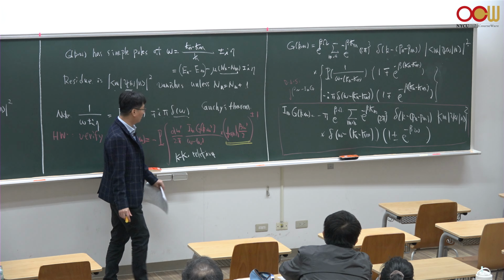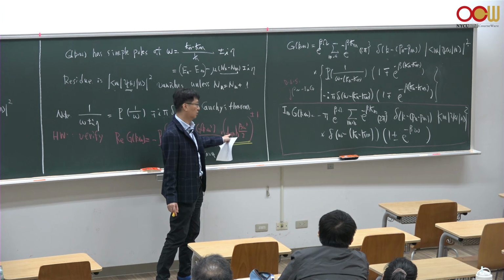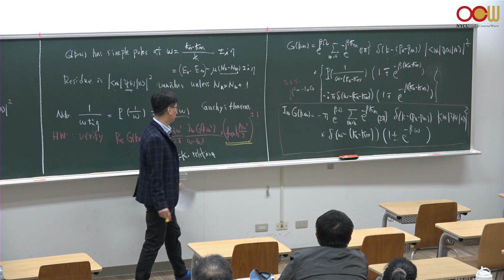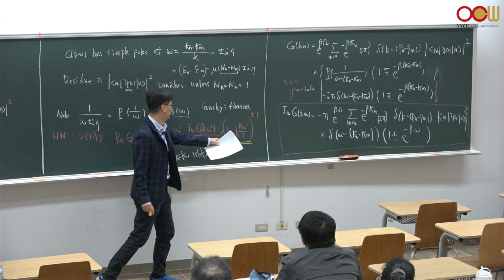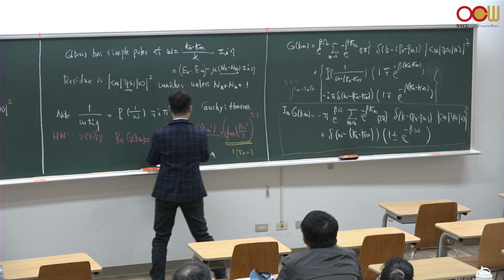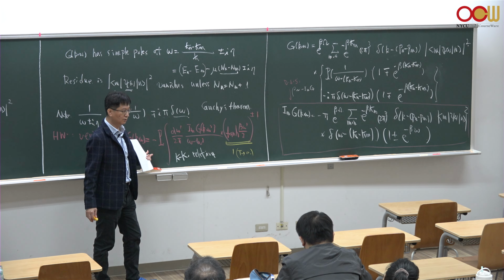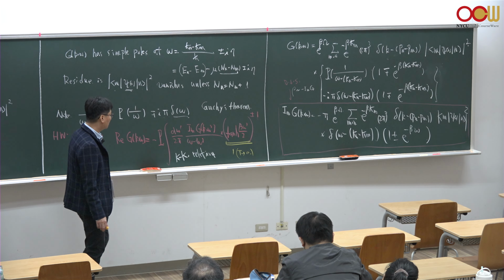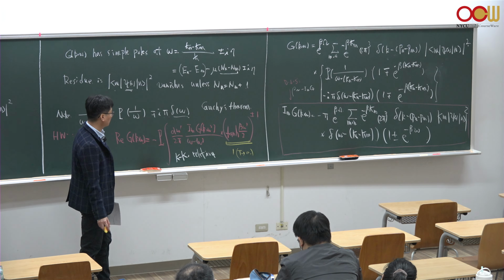So at zero temperature, β goes to infinity and the hyperbolic tangent goes to 1. So you could actually cross this hyperbolic tangent factor out because this is just 1, okay? When temperature goes to 0.